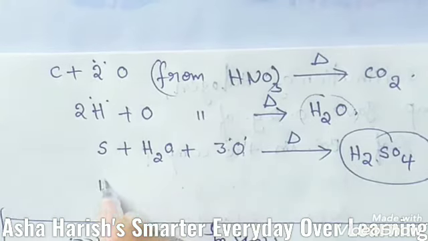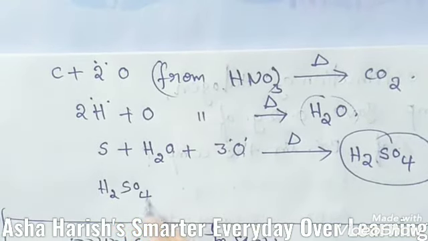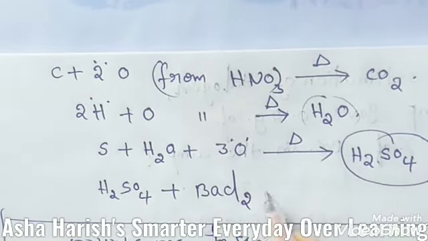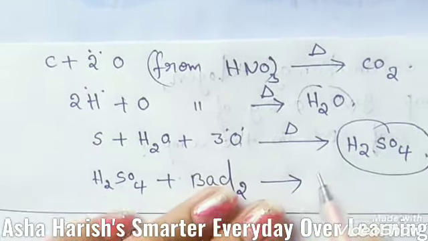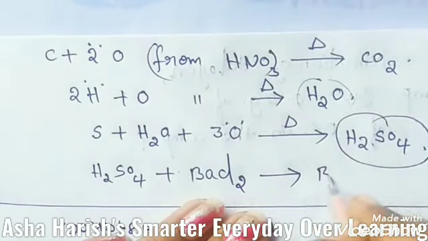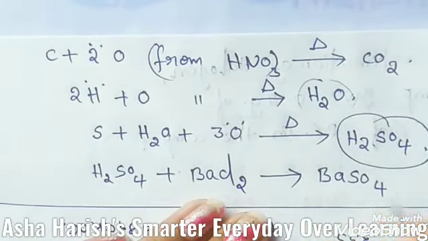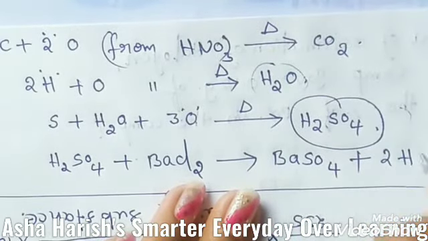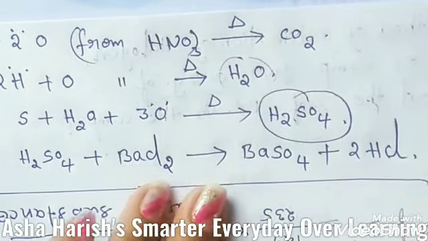Now this formed H2SO4 is again treated with barium chloride, BaCl2. Then students, what you should get here is barium sulfate, BaSO4, as a white color precipitate, plus 2HCl, hydrochloric acid.